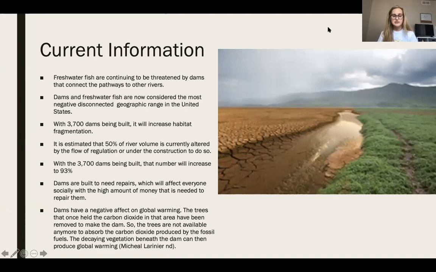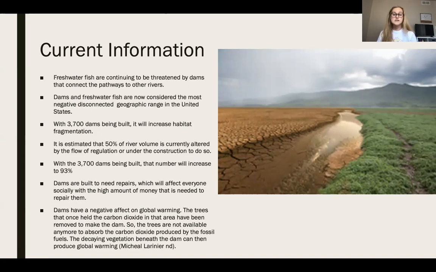And dams are built to need repairs, which will affect everyone socially with the high amount of money that is needed to repair them. So, with taxes or fundraisers, America and its citizens will really suffer from trying to build dams. Dams also have a negative effect on global warming, because the trees that once held carbon dioxide in that area have been removed to make the dam.